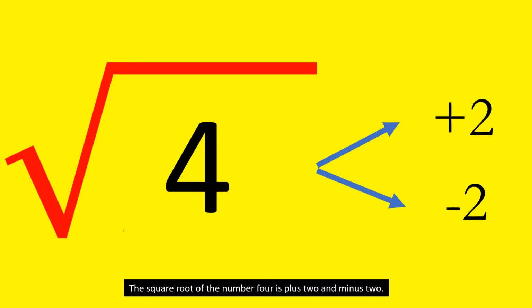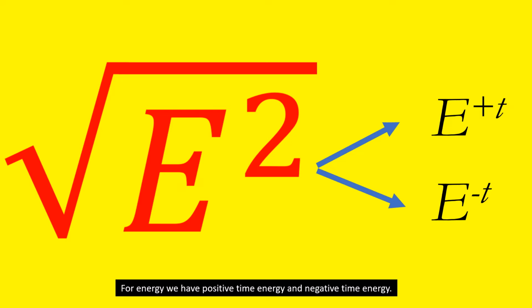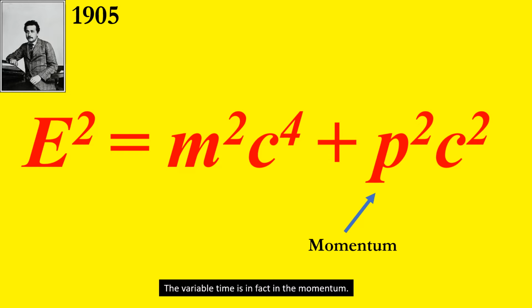The square root of the number 4 is plus 2 and minus 2. For energy, we have a positive time energy and a negative time energy. The variable time is in fact in the momentum.